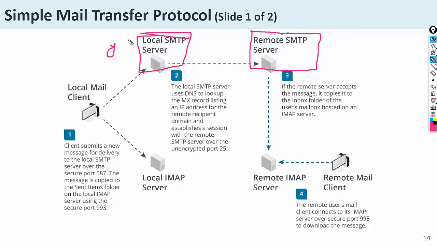For example, if I am using Gmail, then we can consider Gmail a local SMTP server. And when I send the mail to Yahoo, I will consider Yahoo the remote server. One is where the mail is generated and forwarded.